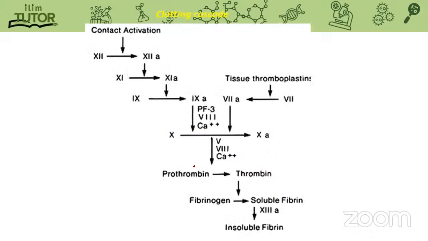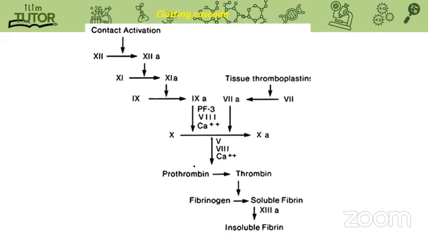Now, this basically gives you an overview of what happens during the clotting process. There's a reason why we refer to it as the clotting cascade. And before I actually tell you the nitty-gritty of the clotting cascade, I should inform you, first of all, that it is the platelets that are involved in blood clotting.